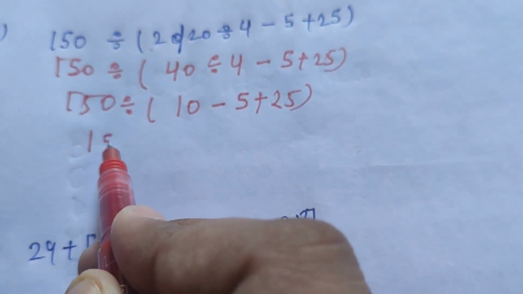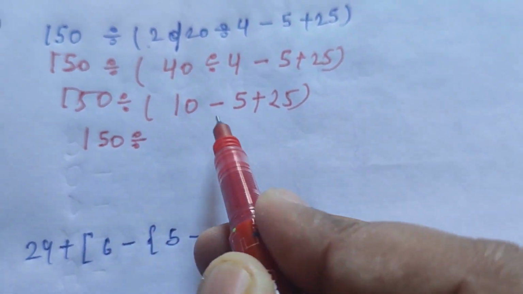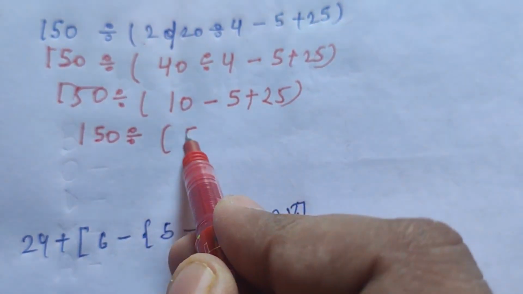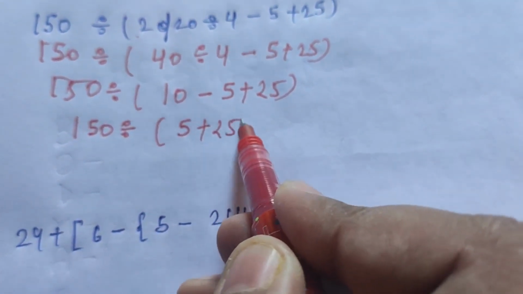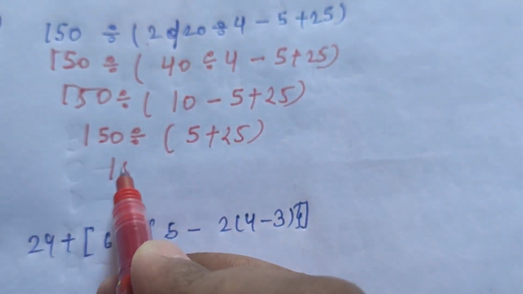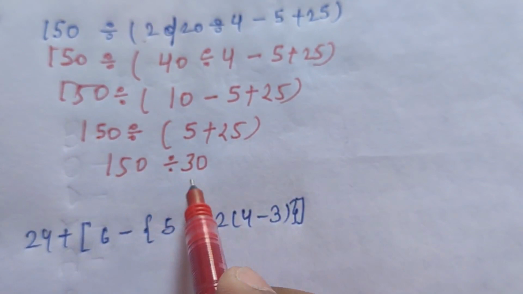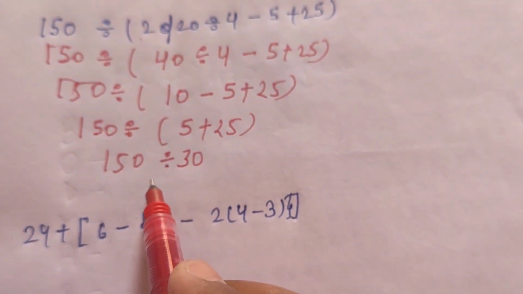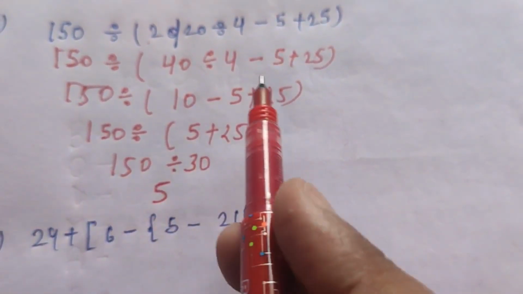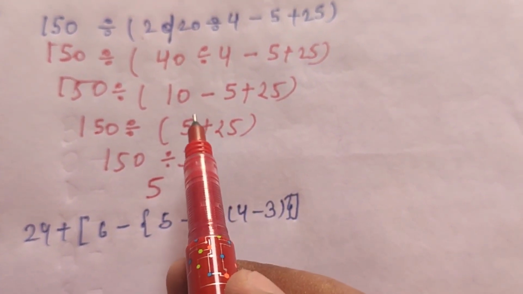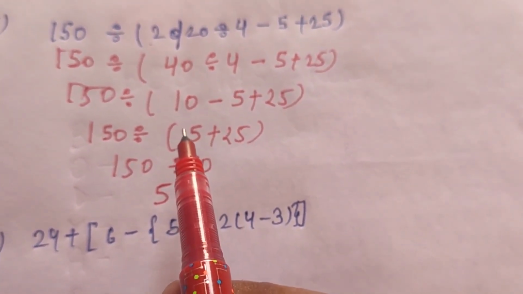Now 150 divided by 10 minus 5 is 5 plus 25. Now 150 divided by 30, and when 150 is divided by 30 our answer is 5. Now what do you see here? First of all we have to solve the brackets.